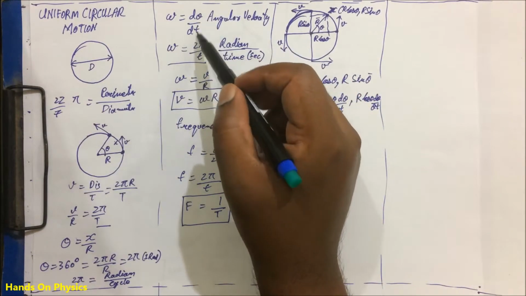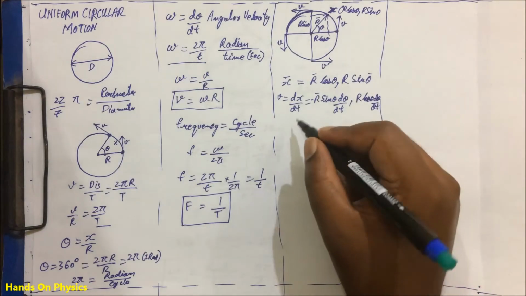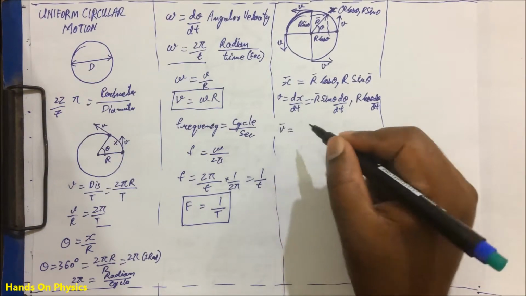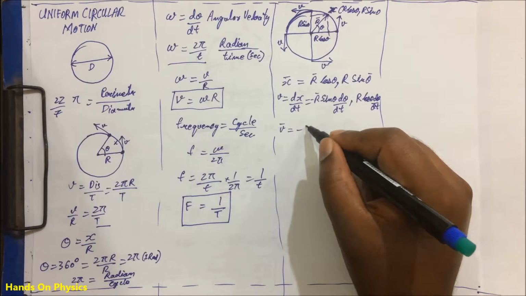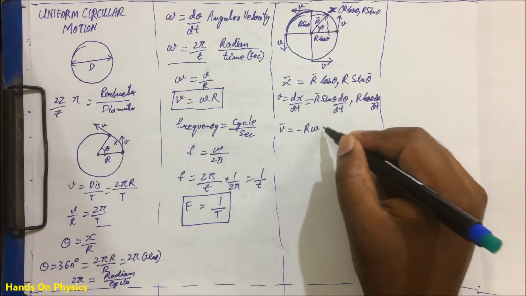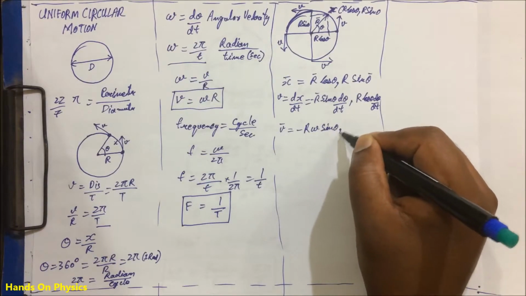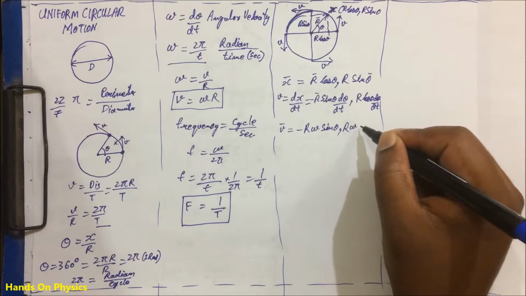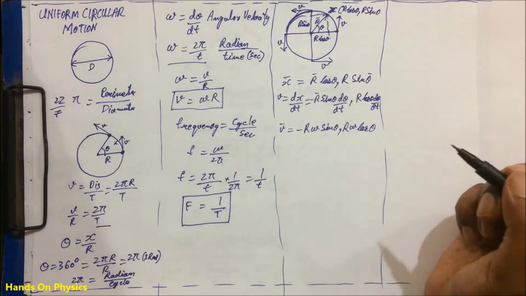From here we know that d theta by dt is omega, so we can write the velocity as minus r omega sin theta, comma, r omega cos theta.